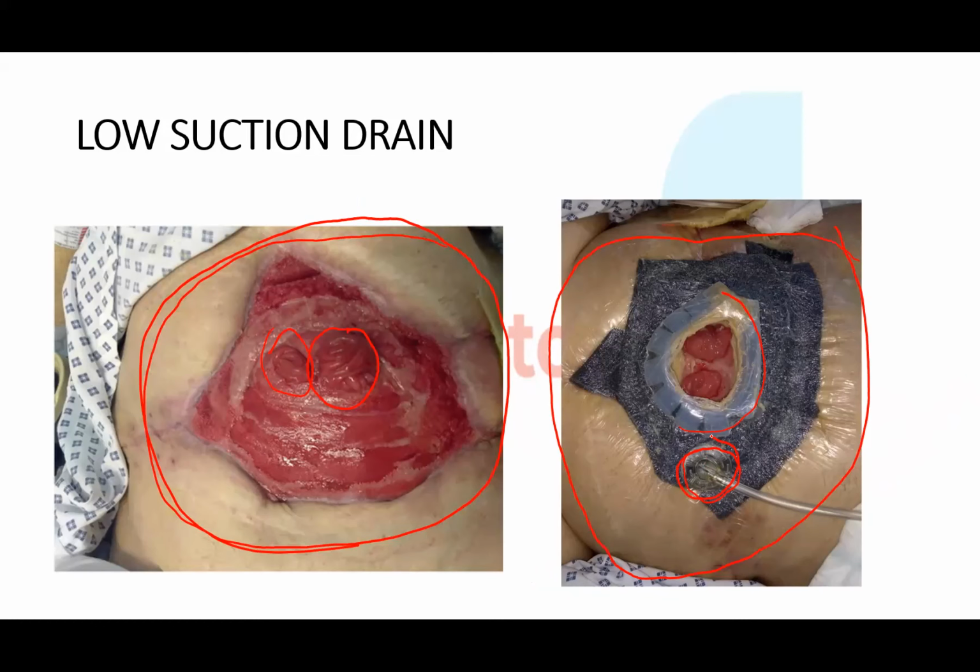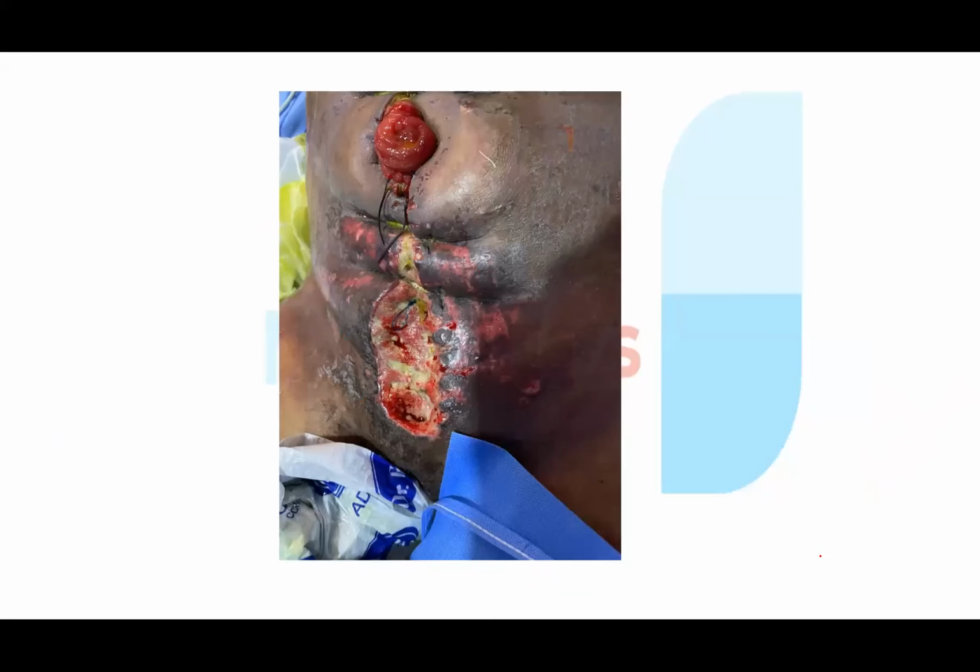And in some cases, there might be a tube that is applied into the proximal stoma, so that there will be completely zero effluent contaminating the wound. So in category 4, you use a low suction drain.